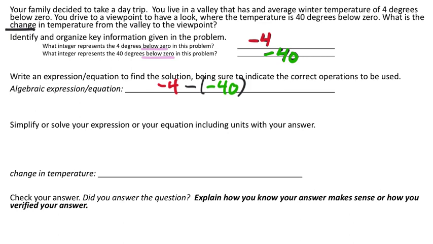We could say -4, and then we know that minus a negative is the same as just adding a positive like this one. The problem with this is that we've already shown the two integers that should be used for the two values that we have, -4 and -40. While this one shows the -4, it does not show the -40, so we actually do need this original expression.